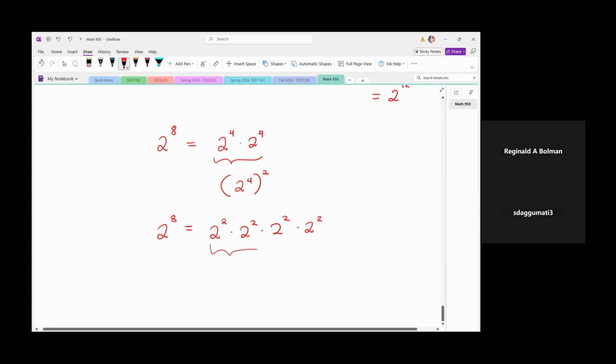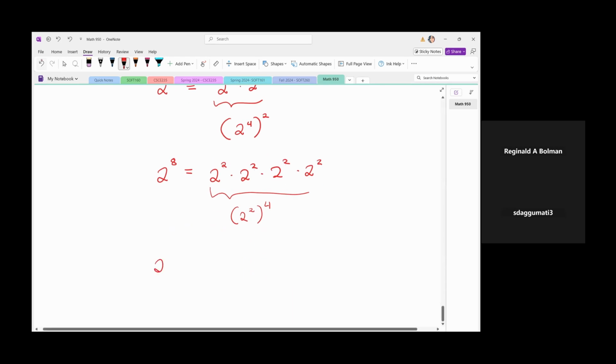But since I have each of these terms raised to the same power, I could also say this is the same thing as 2 squared raised to the fourth power in this instance. And of course, 2 to the eighth would also be the same thing as 2 times 2 times 2 times 2 times 2 times 2 times 2 times 2. 1, 2, 3, 4, 5, 6, 7, 8.